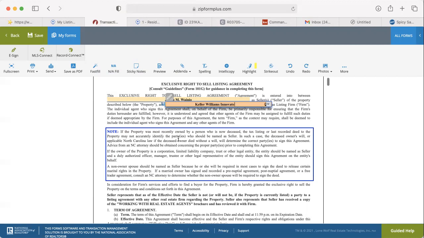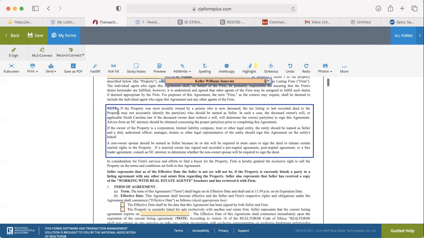So in this box here in blue, it talks about whether the person that recently owned the property is now deceased. Of course, when you would look at the tax listing, it would show the deceased person's name as the owner.